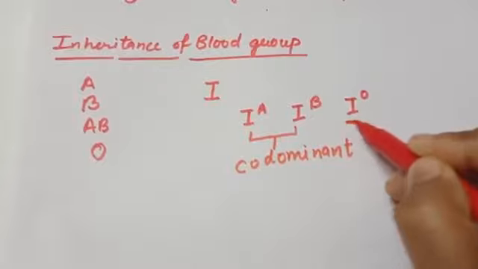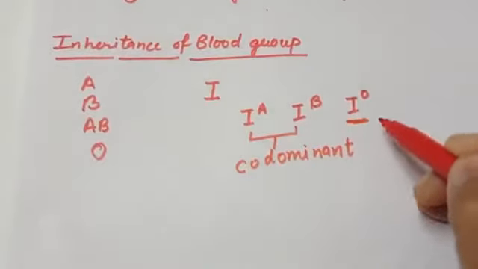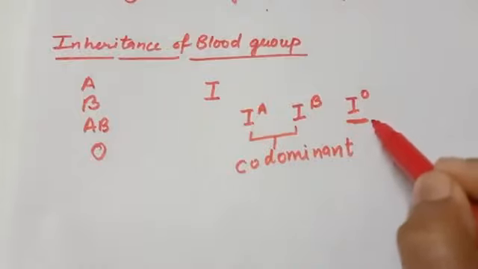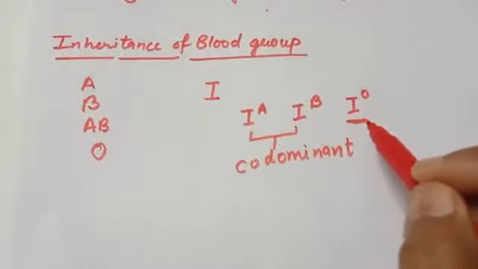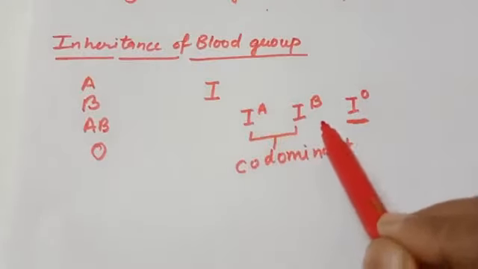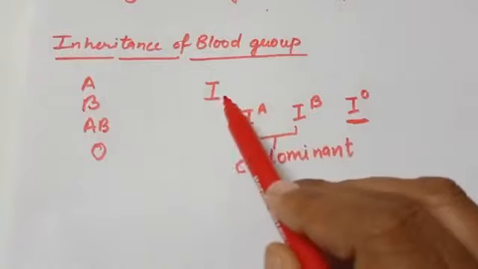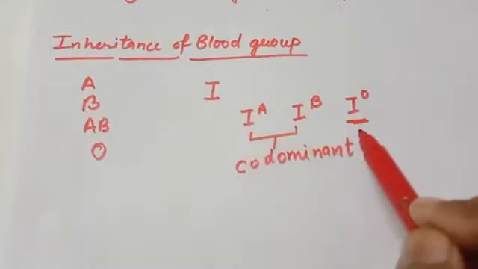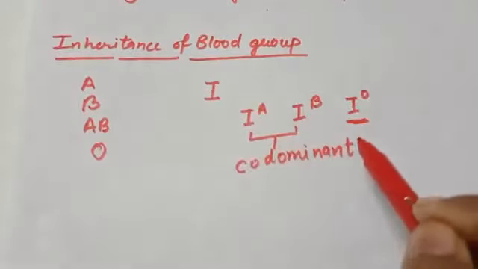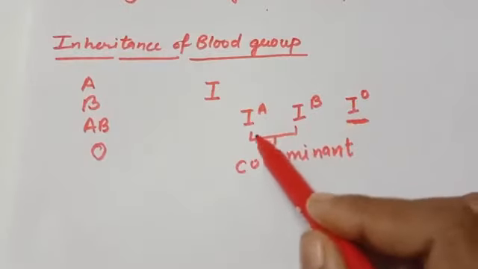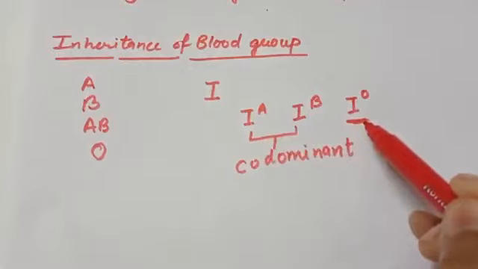And IO is the recessive allele here. Earlier we had one gene having two varieties, but here the gene I, the representer of the blood group, has three forms, IA, IB and IO. Here IO is the recessive one. These three are called alleles of blood group.